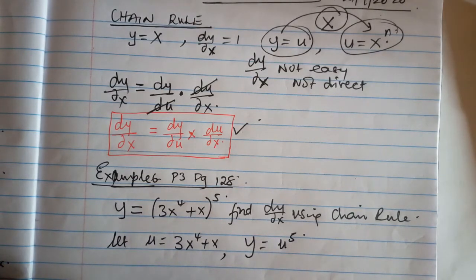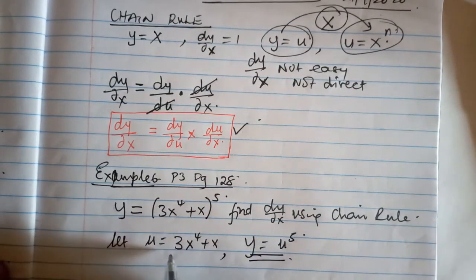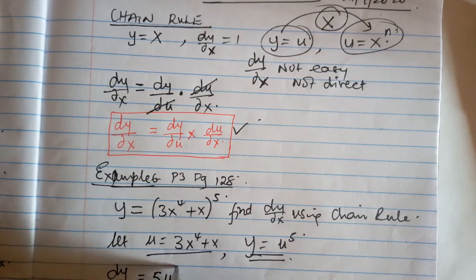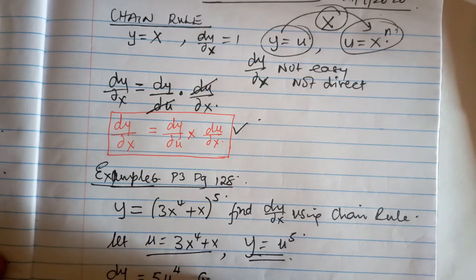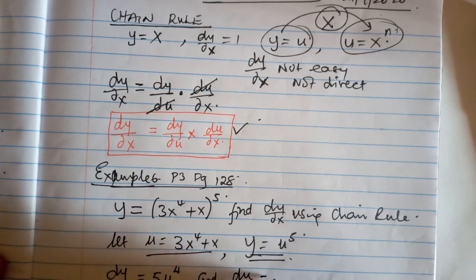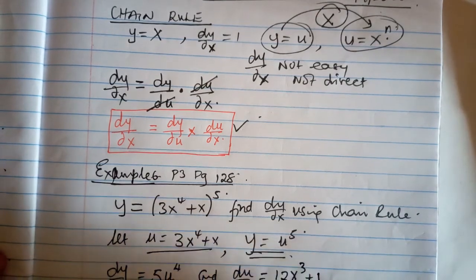So we have dy du equal to 5u raised to power 4, the way we know it. And for du dx, we have to differentiate u with respect to x, which is going to be given by 12x^3 + 1.